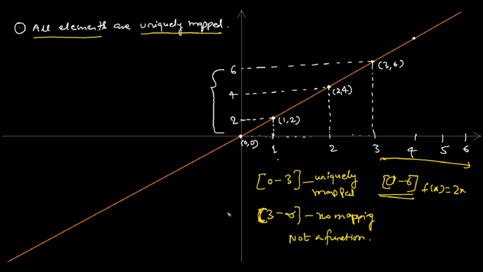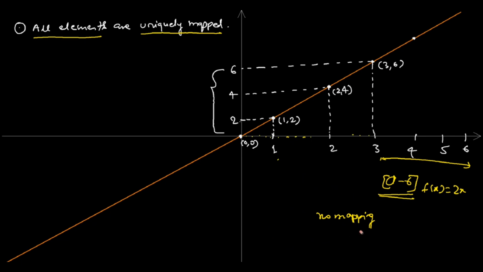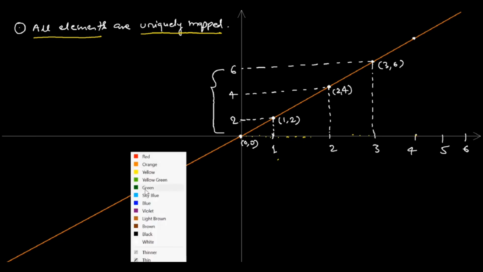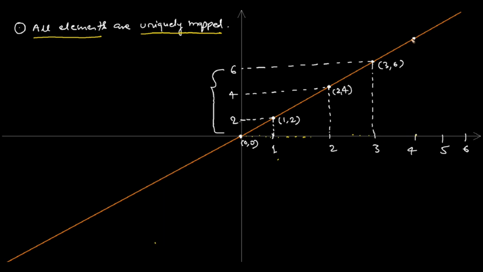But if your f is from R to R, then it is clearly a function, because for every input you get a unique output. For 4 you get a unique output, that is 8, the point 4 comma 8.